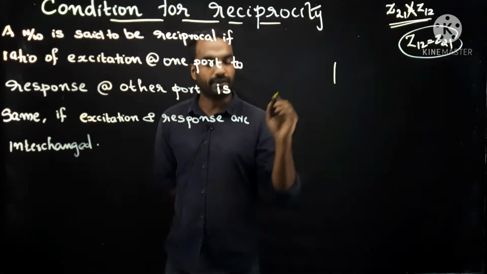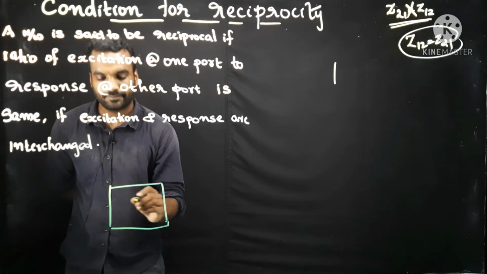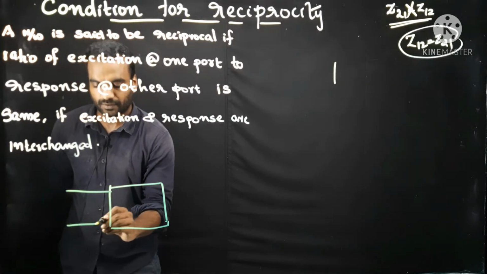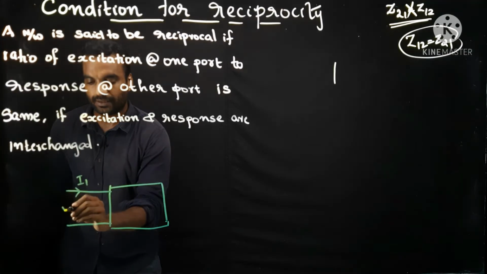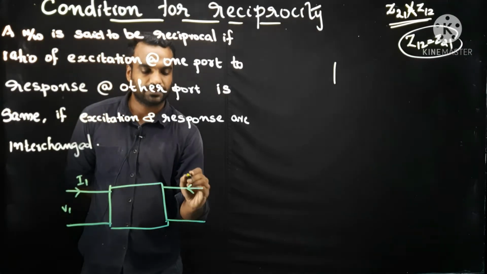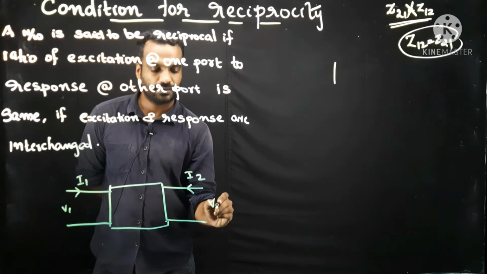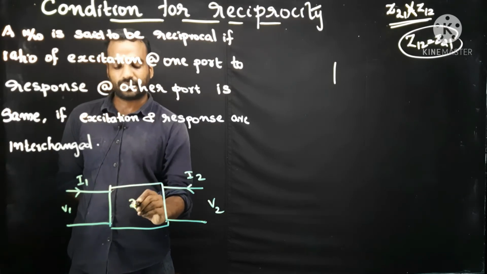I will draw here. Suppose this is a two-port network. This is I1 and this is V1, and this is I2 and this is V2.